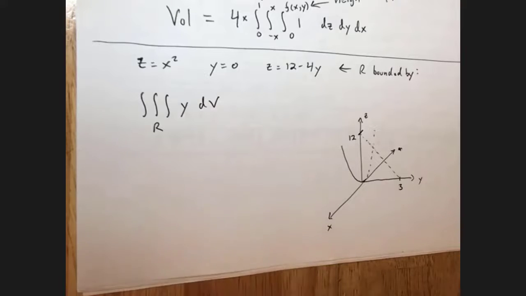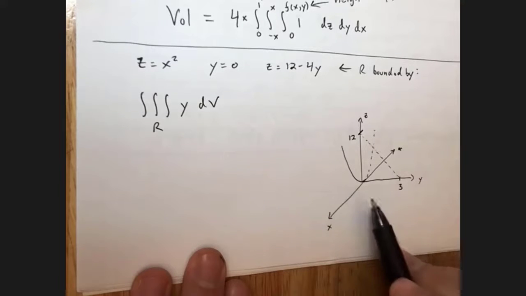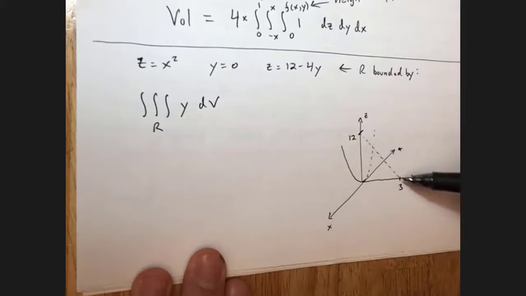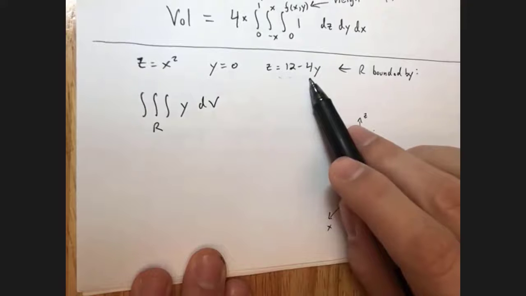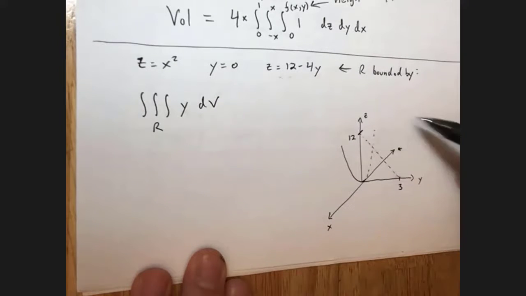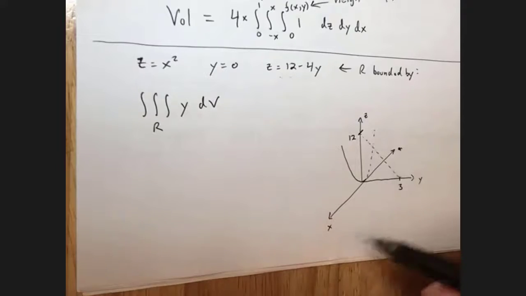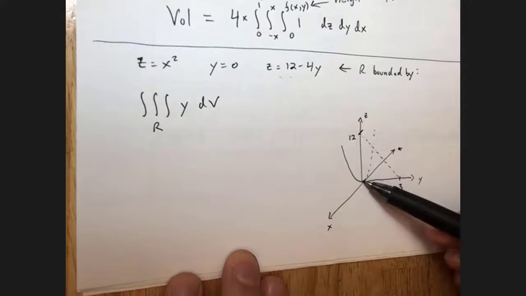And what am I bounding here? What region? Well, the back is the xz plane, so I'm not going anything behind that. I'm below this line. This is actually a plane. If we go off of the yz plane here and include the x variable, you extend this in the x direction, you actually get a plane. So we're below this plane, but above this parabolic cylinder.